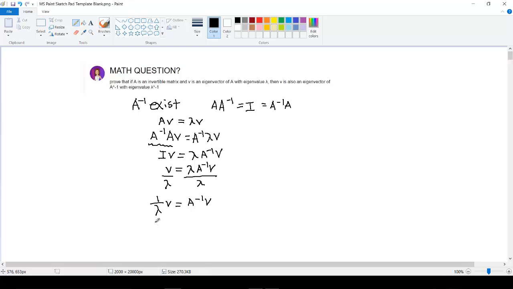So this is lambda inverse times V equals A inverse times V. And that's what you were asked to prove.